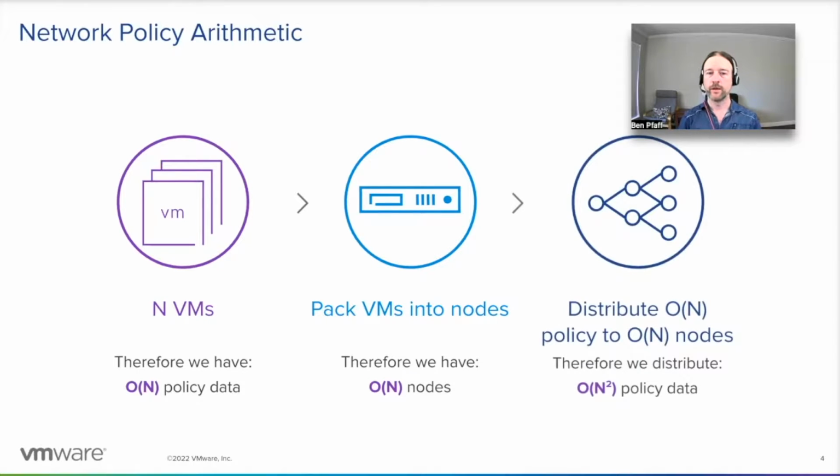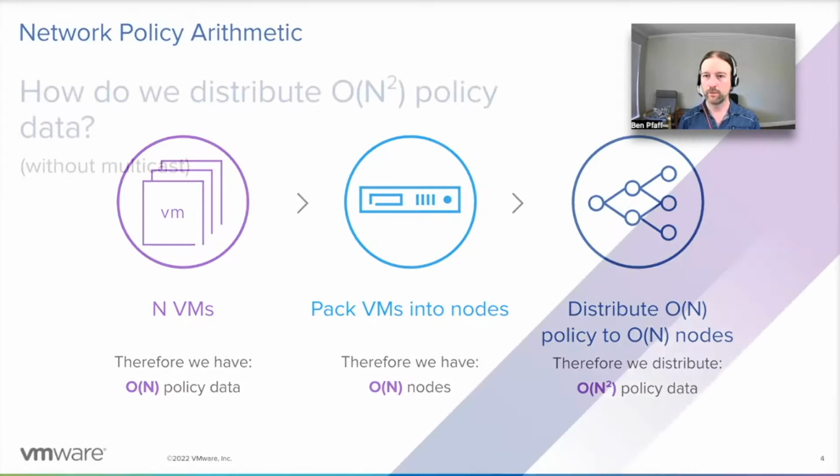So the final key point that all of this hinges on is that in the most straightforward way that we would build a network virtualization system, we have to take all of this O of n policy data and distribute it to all O of n nodes, which means that we need to transmit O of n times n, O of n squared policy data.